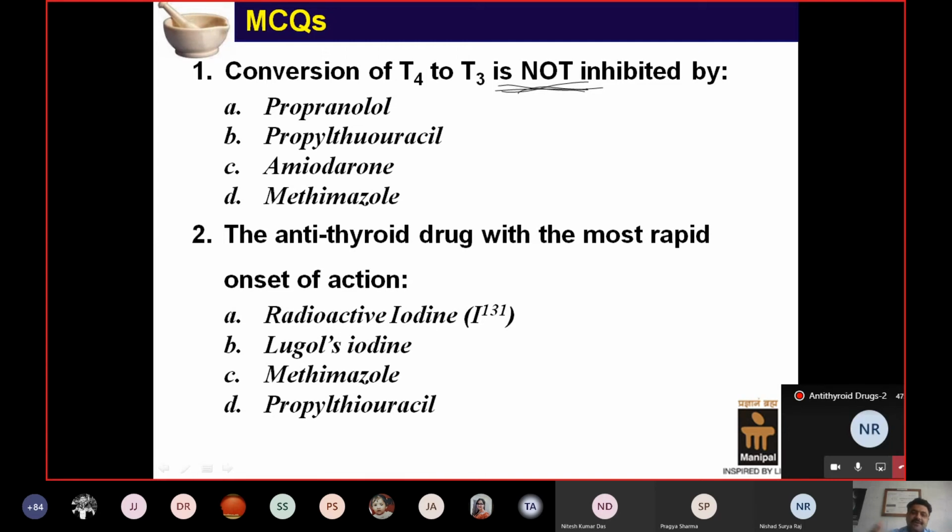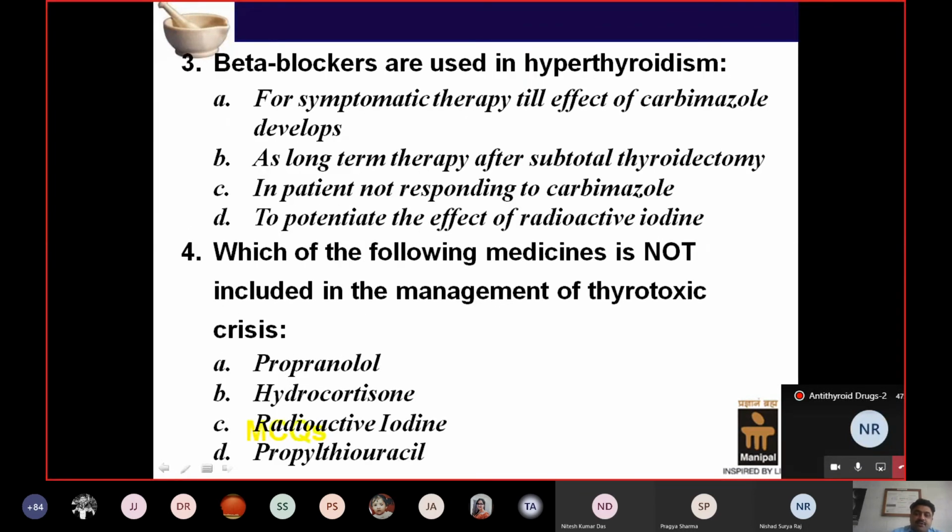After 10 to 15 days, there will be escape of the thyroid hormones. So Lugol's iodine is the fastest, the rapid acting antithyroid drug. Or you can say iodide compound.